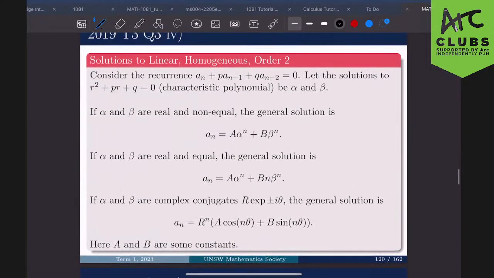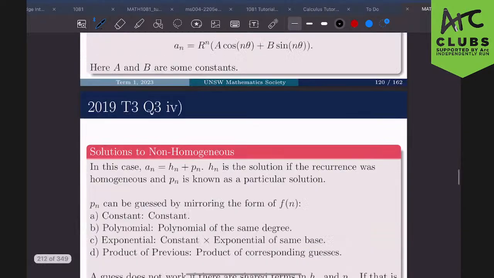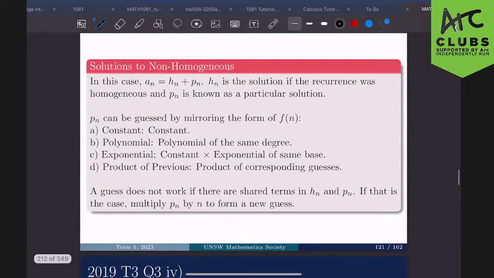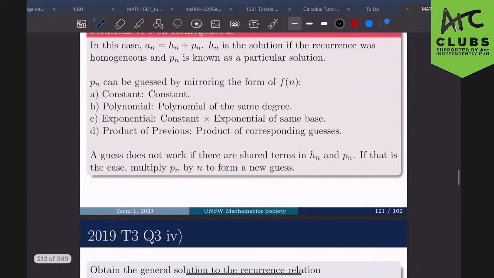And, oh yes, this is also important. We can just find how to describe our equation, because you will need to find the particular solution, or suggest a particular solution, and then if it's shared in the homogeneous solution h_n, then we have to multiply by n until eventually we find a particular solution which does not share any terms with h_n.